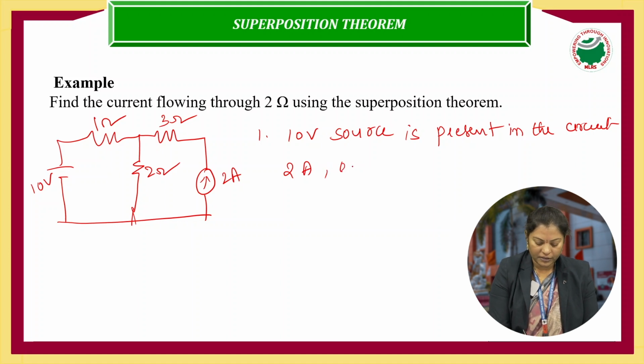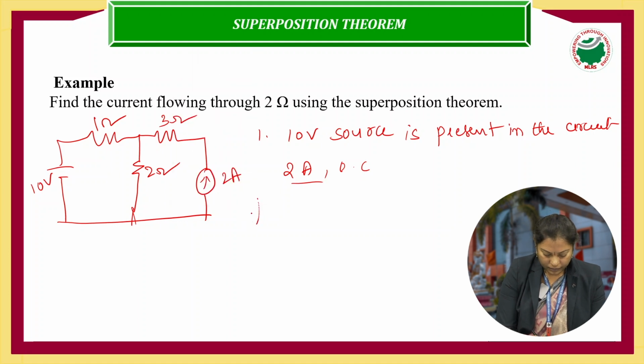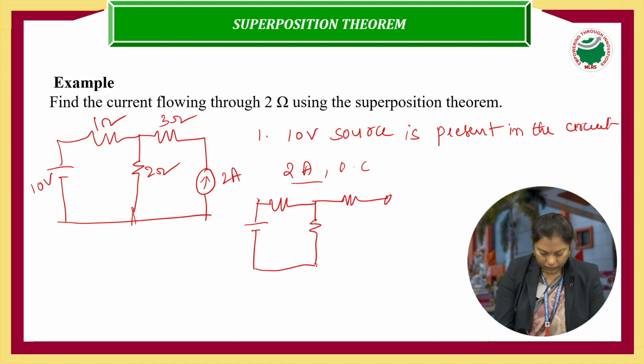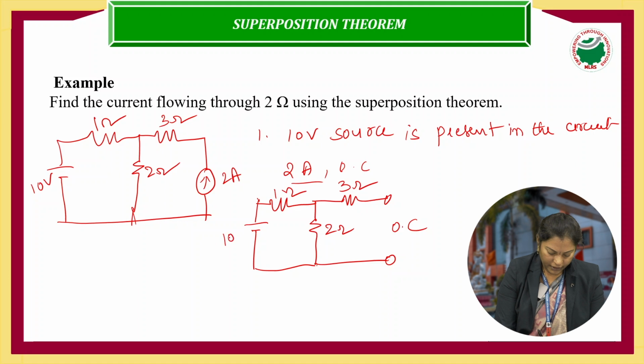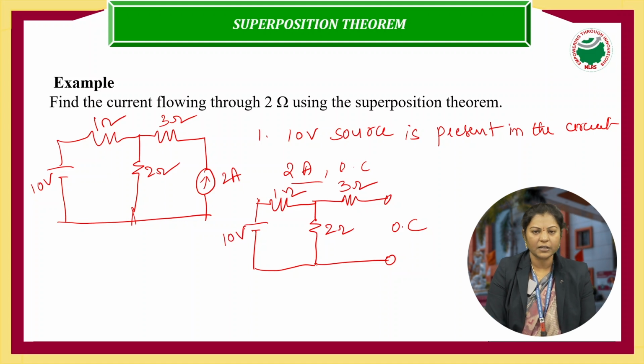If the internal resistance is there, we need to replace it with the internal resistance. So the 2 ampere source is open circuited. Then the circuit becomes this circuit, where it is open circuited, and only the 10 volt source is acting in the circuit.